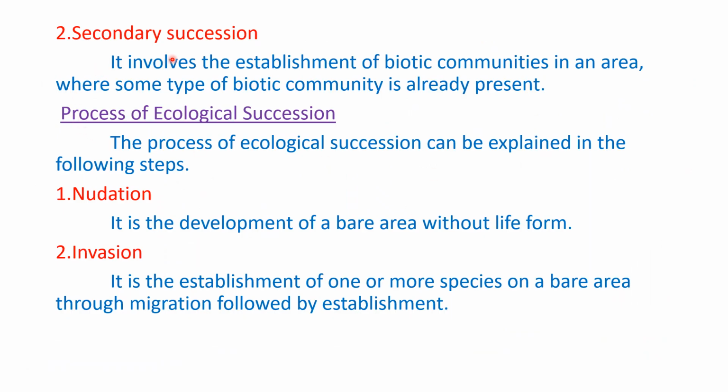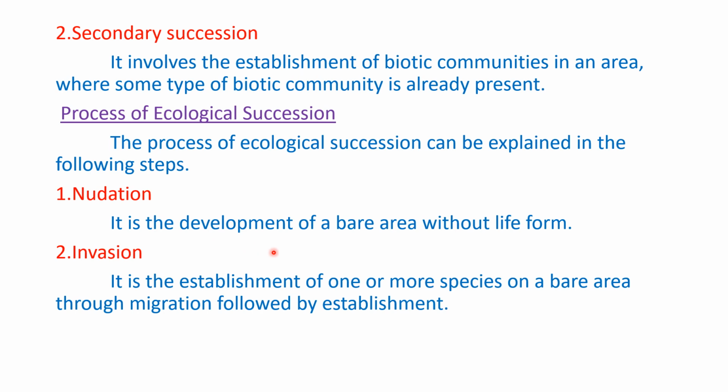Secondary succession involves the establishment of biotic communities in an area where some type of biotic community is already present. Now, the process of ecological succession can be explained in the following steps. The first step is nudation.